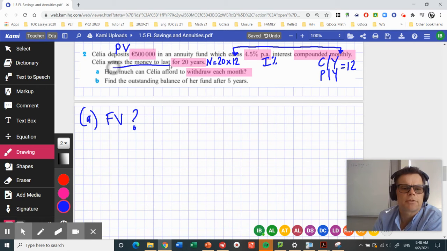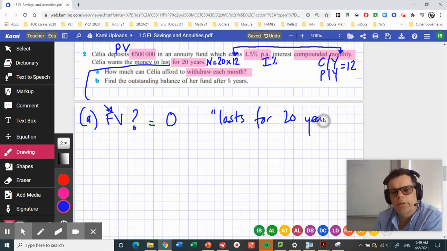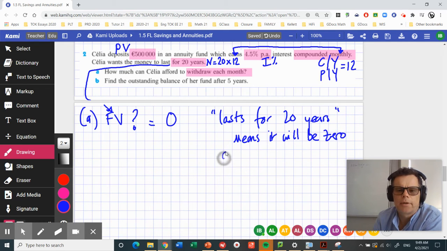So to last for 20 years, that would tell you, I think, that the future value would have to be 0, because it lasts for 20 years, means it will be 0 after 20 years.